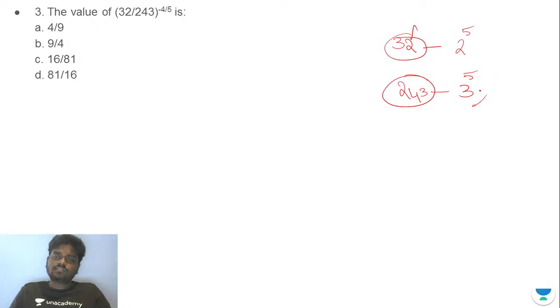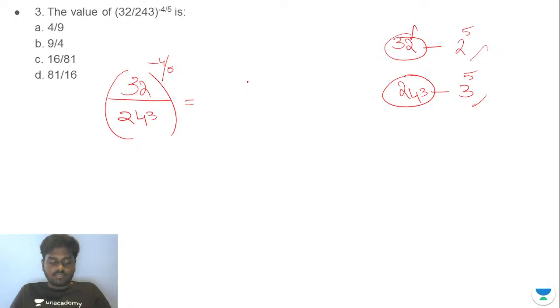Okay, we have got these things in powers now. Simply go and substitute in the question. So 32 by 243, the whole power minus 4 by 5, could be written as 2 power 5 divided by 3 power 5, the whole power minus 4 by 5.